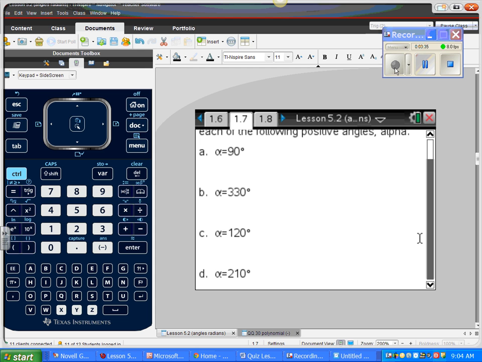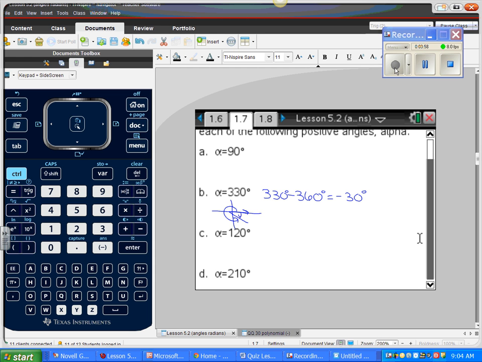Okay, so for the negative coterminal to 330, all we have to do is 330 minus 360, which gives us negative 30. Good. How many of you got that one right? Awesome. Yeah, 330 would be about here, right? Agreed?